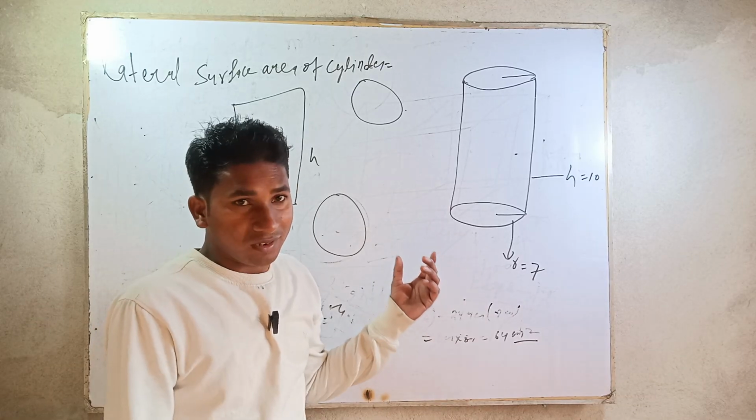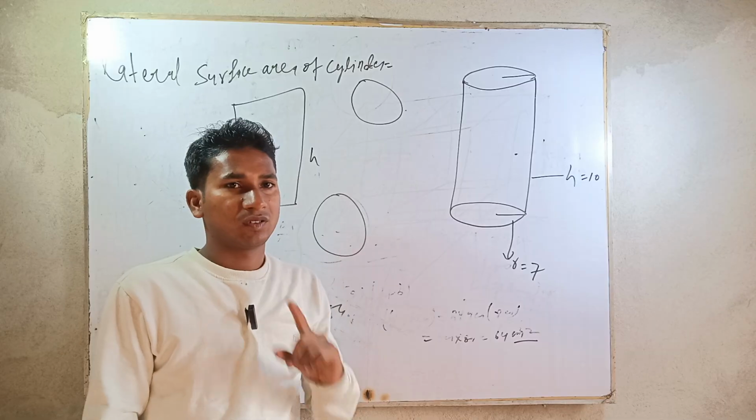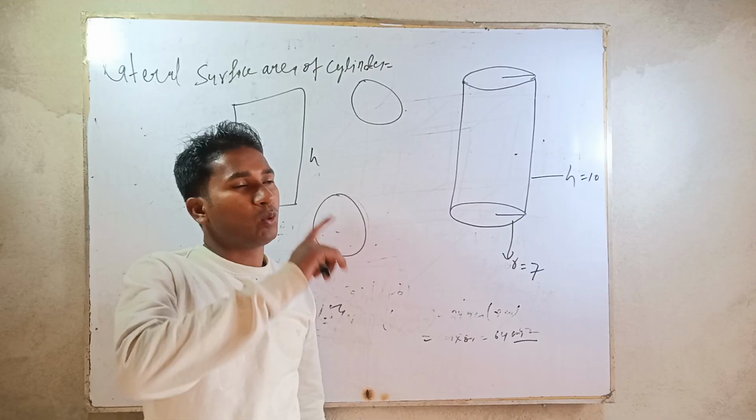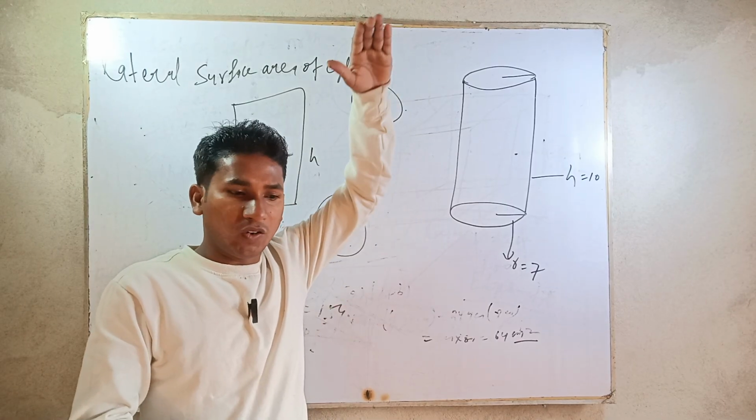Suppose I have to paint one pillar, then I only paint the rounded side, not the top and bottom.